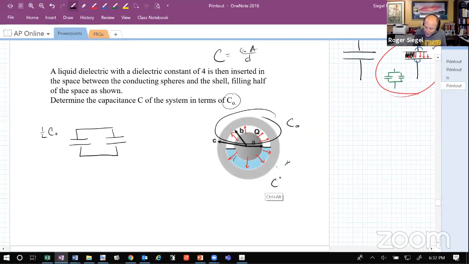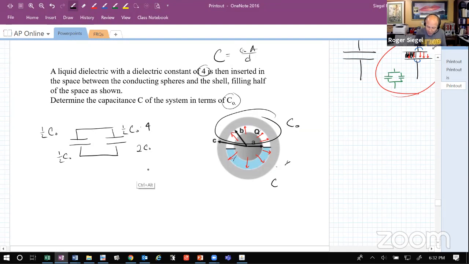Now, my new capacitance here is going to be 1/2 of C0, but it's also multiplied by 4. So that's going to be 2 C0, and this is going to be 1/2 C0.